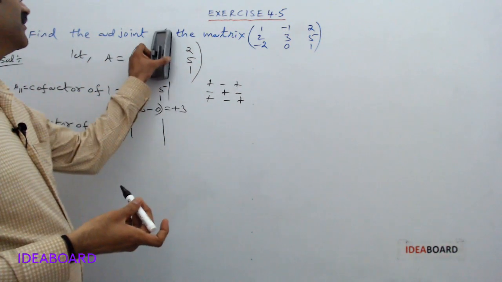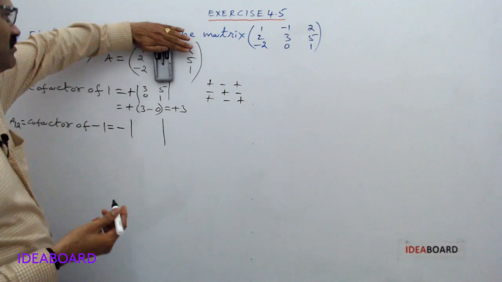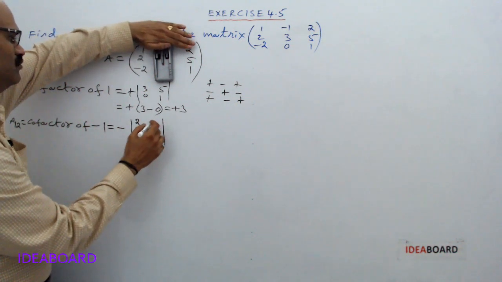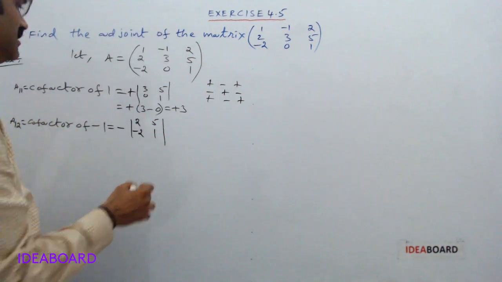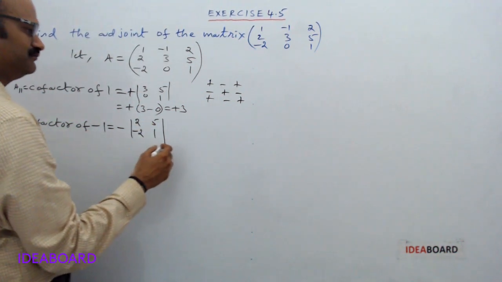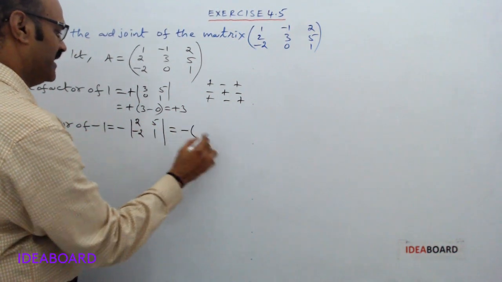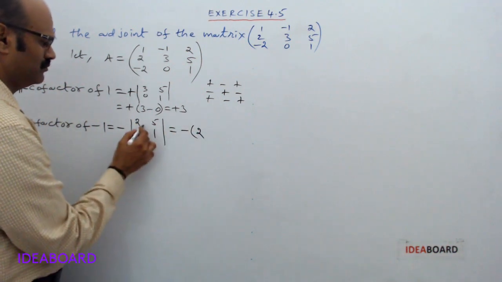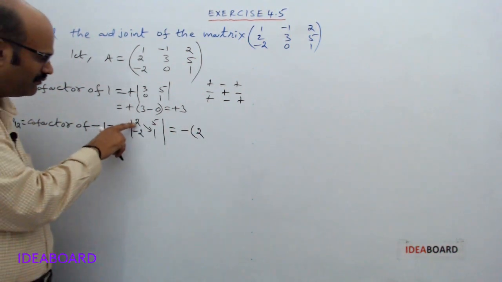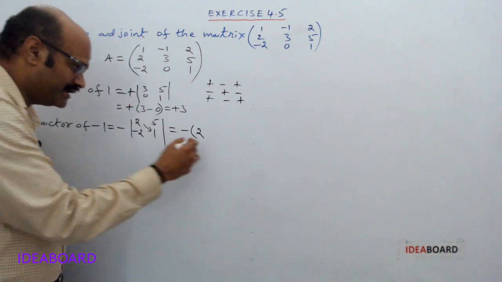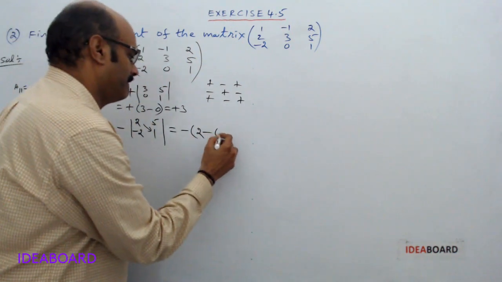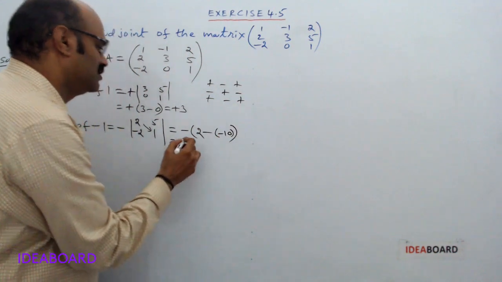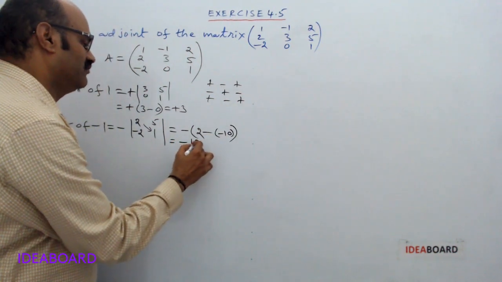So we close the second column and the first row. Then we have 2, 5, minus 2, 1. So it equals minus of 2 into 1, the product of principal diagonal elements, minus the product of the other diagonal elements, minus 10. So equal to minus 12.